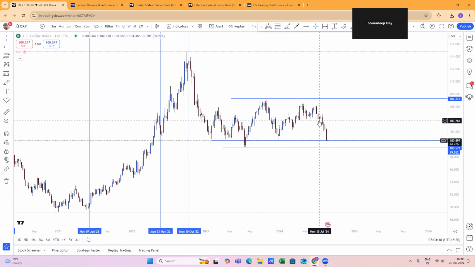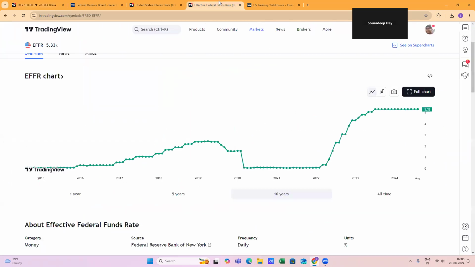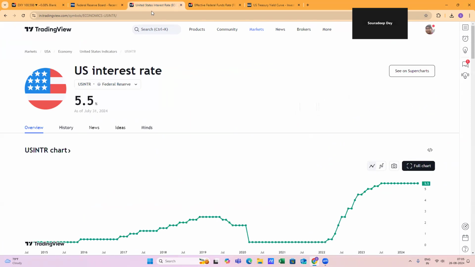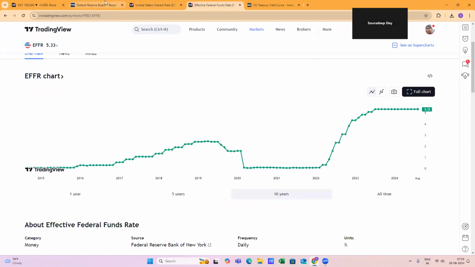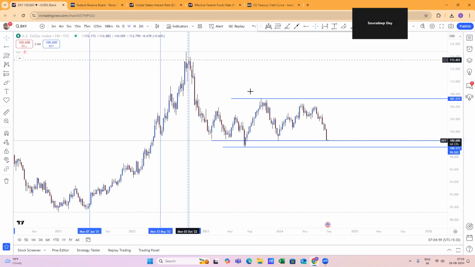So it is quite obvious that as US interest rates are about to go down, and they have been flat for quite some time, there is more probability of a cut in September itself, and you can see the dollar index is revisiting 100.5.